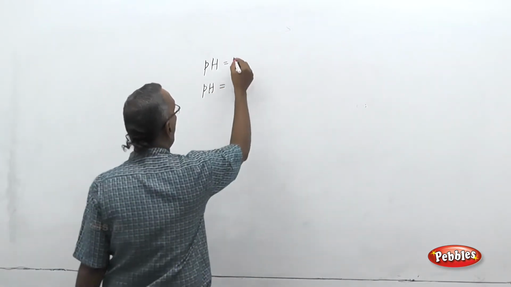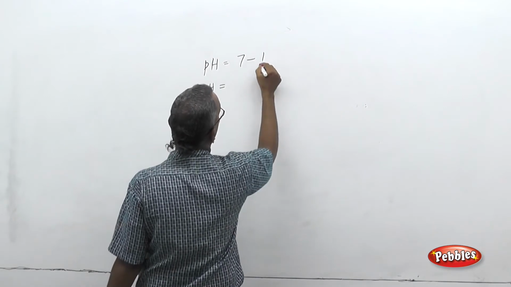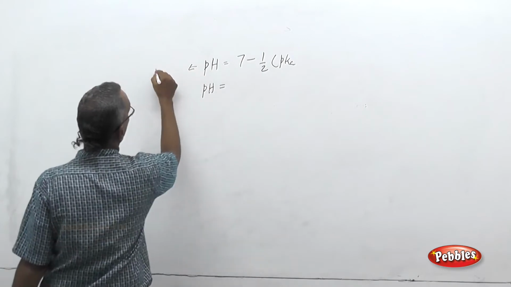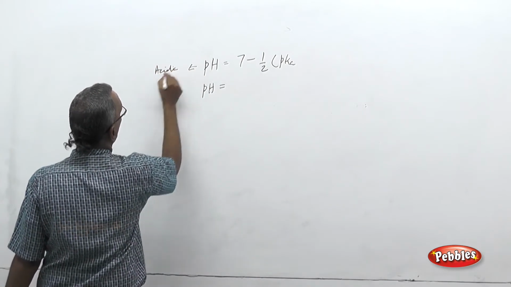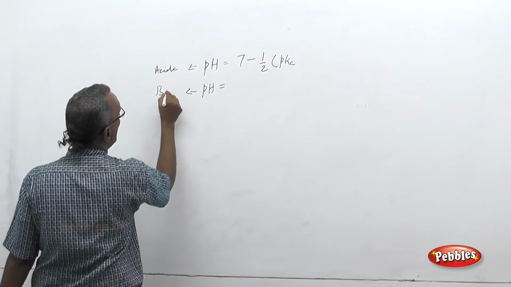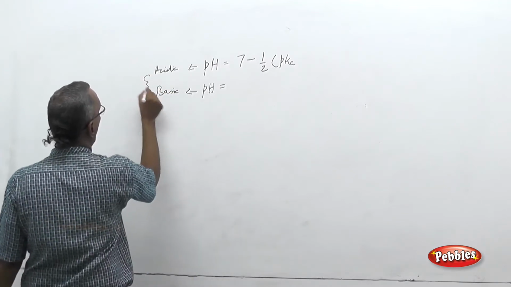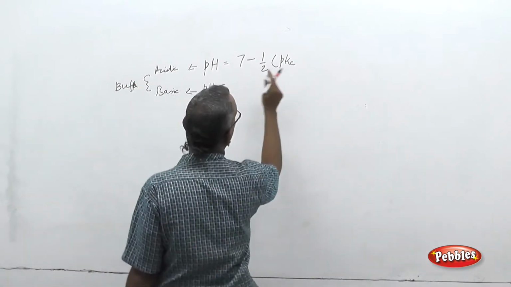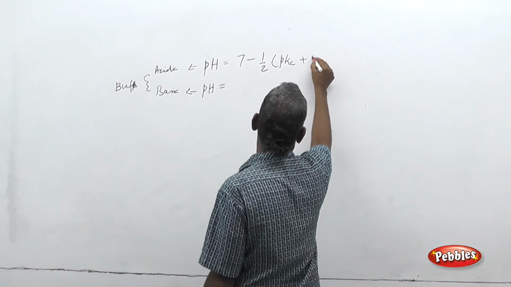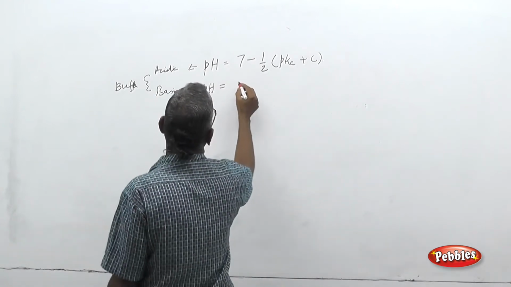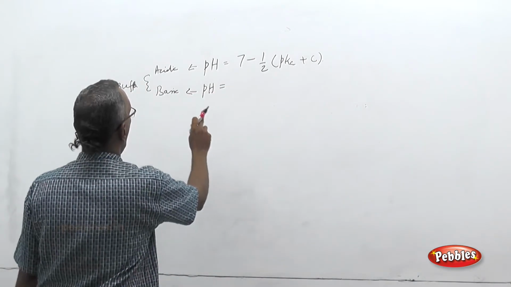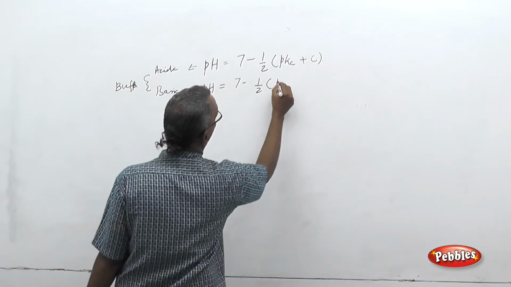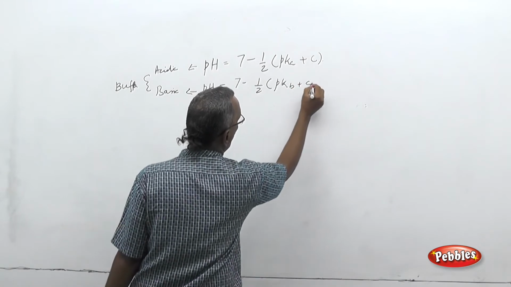The pH of an acidic buffer is given by pKa plus log of concentration of salt by concentration of acid. For a basic buffer, this one is called a basic buffer, the pOH is given by pKb plus log of concentration of salt by concentration of base, and pH is 14 minus pOH.